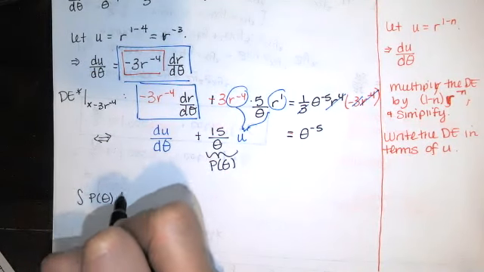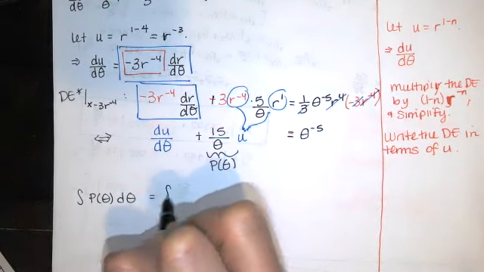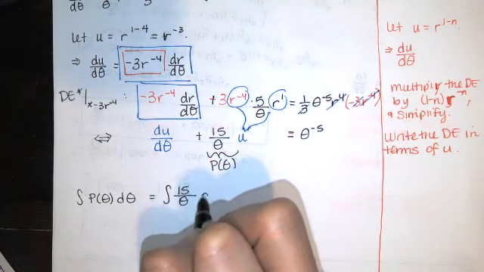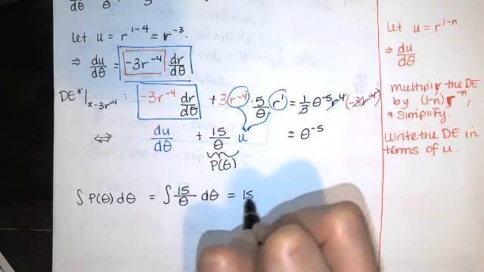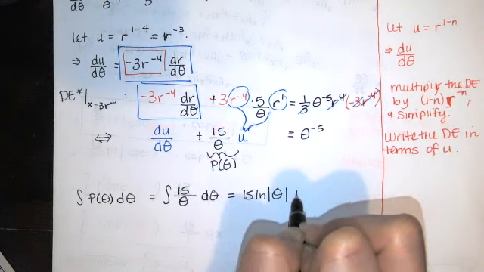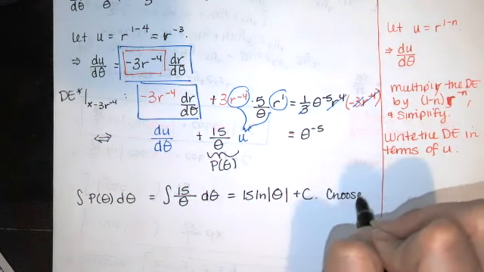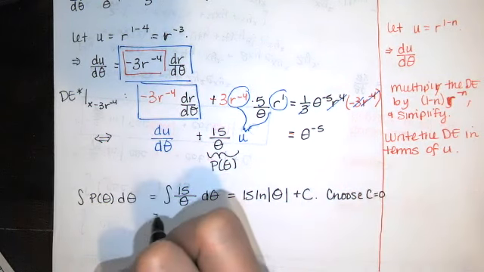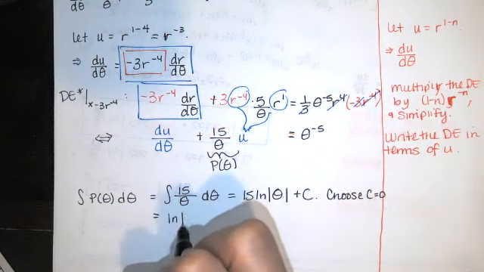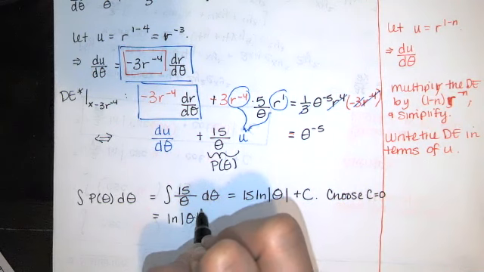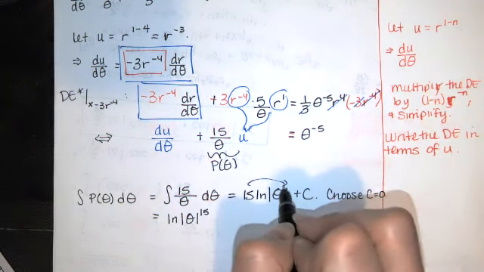And then we compute its antiderivative. So we get 15 times natural log of the absolute value of theta plus c. We only need one integrating factor, so we're going to choose c to equal 0. That's going to give us a natural log of theta to the 15th, because you can bring that inside.